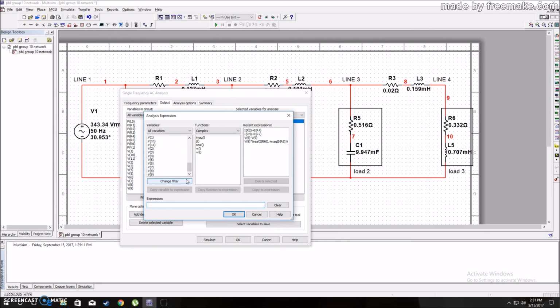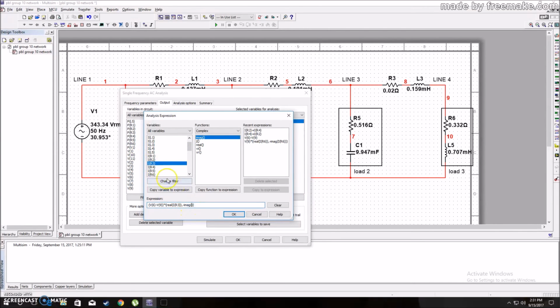So voltage net 6 will be minus voltage net 9, and will be multiplied with the real value and negative imaginary value of current flowing at transmission line 3 to 4. So the current flowing at line 3 to 4 is IR3.